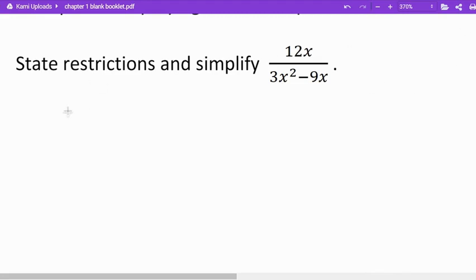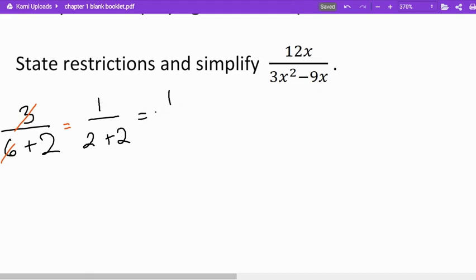If I have 3 over 6 plus 2, can I cancel and say that equals 1 over 2 plus 2? Well, let's see. That would give me 1 over 4. However, if I didn't cancel, I would get 3 over 8. Is that the same value?